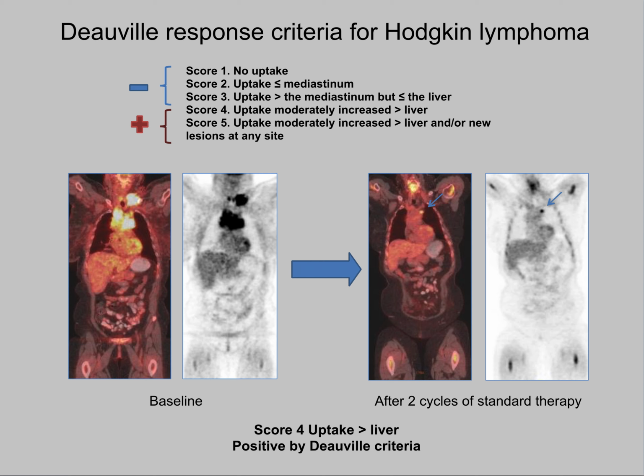And that's why most of the PET readers really prefer coronal images to look at the PET, because it makes easy visual assessment with mediastinum and liver. So in this particular case, we can see that most of the tumor has melted away, but we still have a Deauville 4 lesion that's more intense than the liver, implying that this patient will not be cured with standard 6 cycles of chemotherapy.